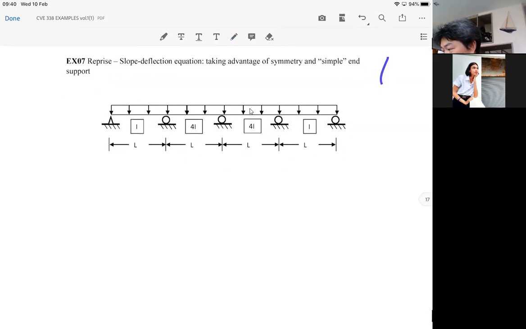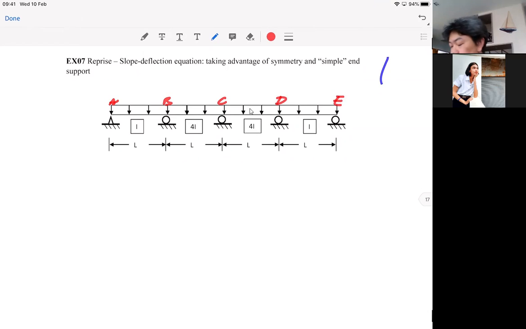So I think we all know by now that if I call the supports A, B, C, D, E, we have 5 supports, meaning we have 5 unknowns, right? And maybe it's not a bad idea to always write your unknowns.